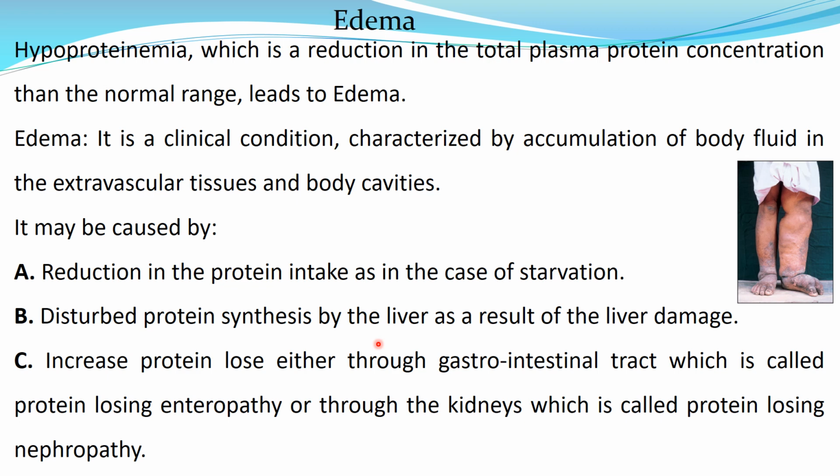The second main cause of the edema is disturbed protein synthesis by the liver. If you remember what we said, the majority of the plasma proteins are made by the liver. So when there is any defect in the liver as a result of liver damage, it might lead to edema.